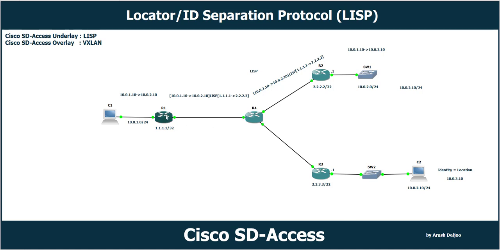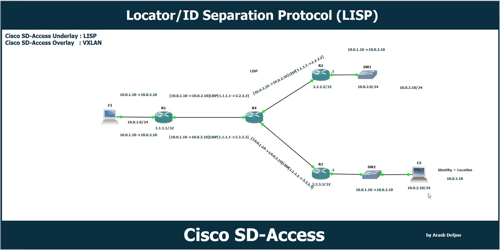The packet from computer 1 doesn't need to change its destination IP. Look here. Again, computer 1 will send the traffic to the same IP. But router 1 now encapsulates the packet to quad 3. Then router 4 will forward this packet to router 3. And in router 3, after de-encapsulation, the same packet will be forwarded to computer 2.